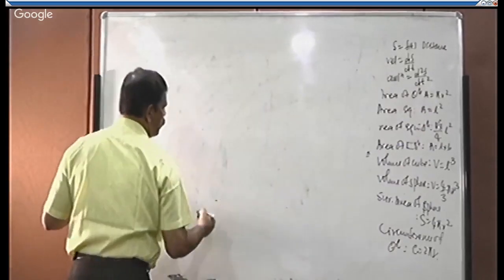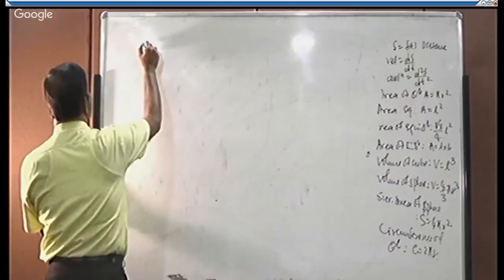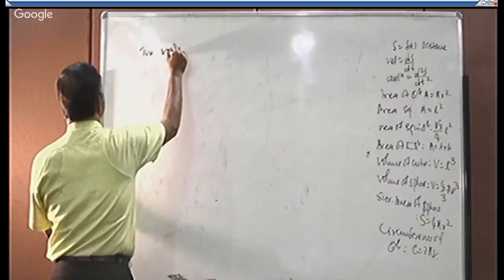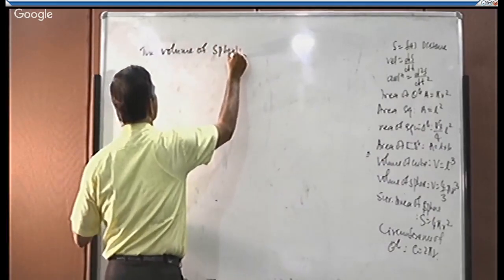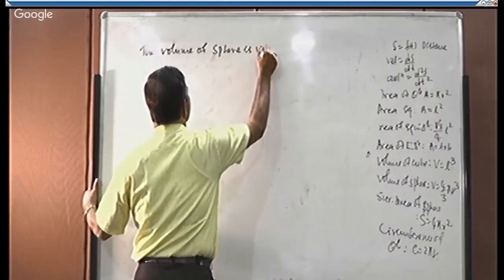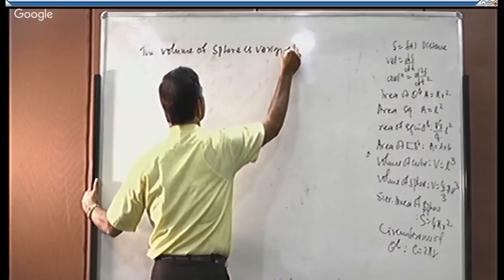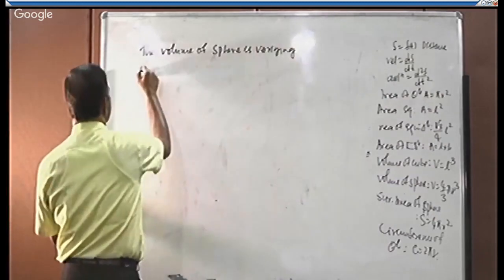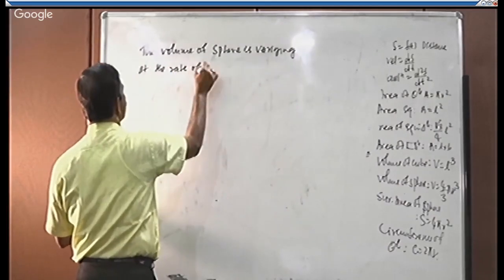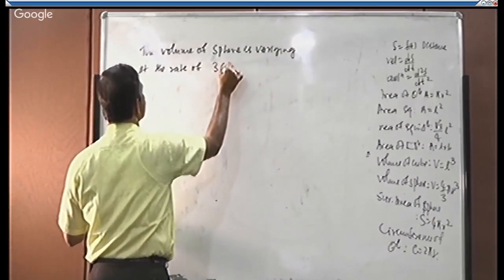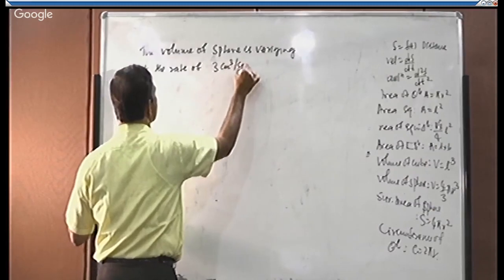So I will take problems on volume. The volume of a sphere is varying at the rate of 3 centimeter cube per second.